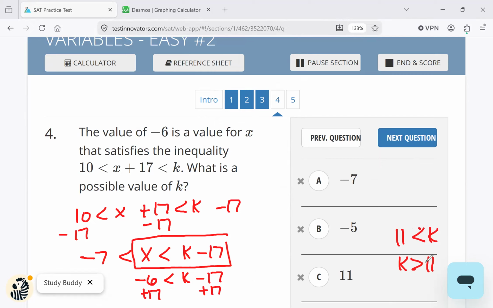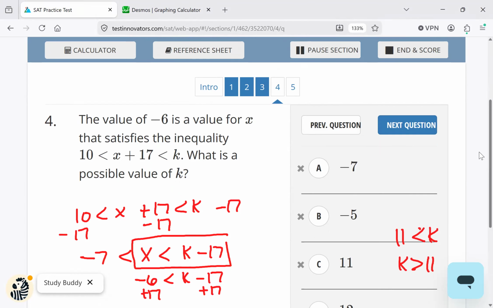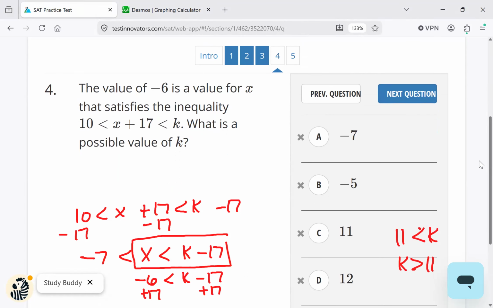So anything larger than 11 will work. I think it's going to have to be 12, right? Yep, and that is correct.